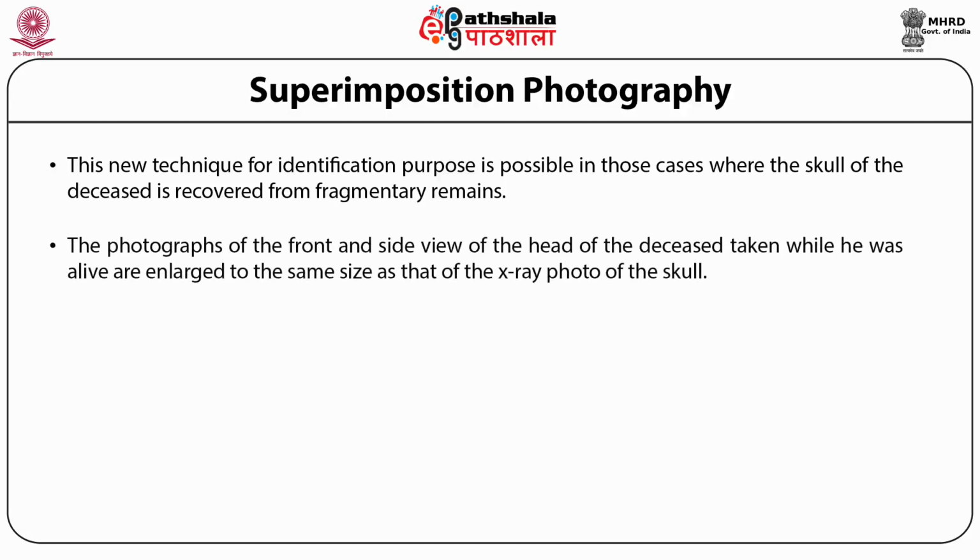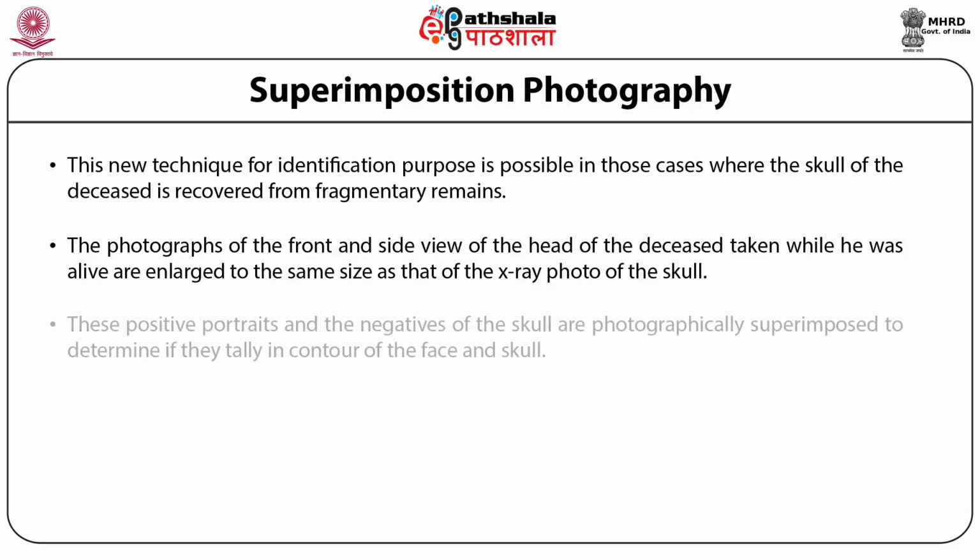The photographs of the front and side view of the head of the deceased, taken while he was alive, are enlarged to the same size as that of the X-ray photo of the skull. These positive portraits and the negatives of the skull are photographically superimposed to determine if they tally in contour of the face and skull.